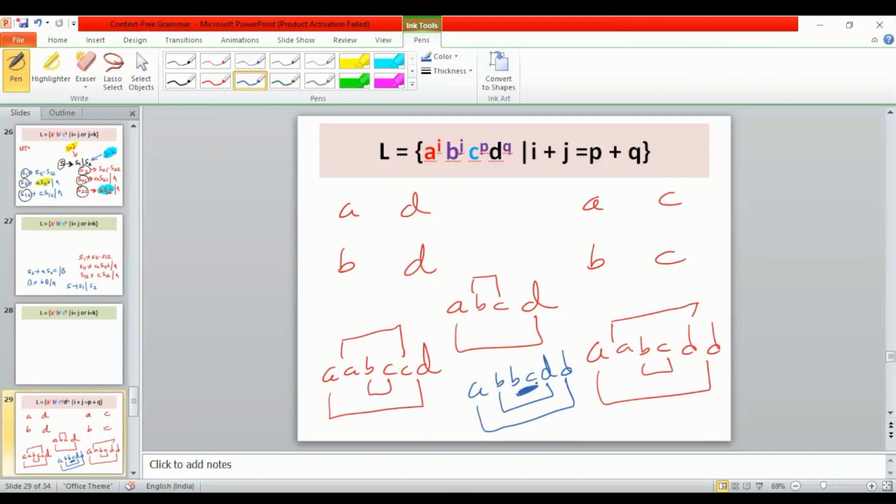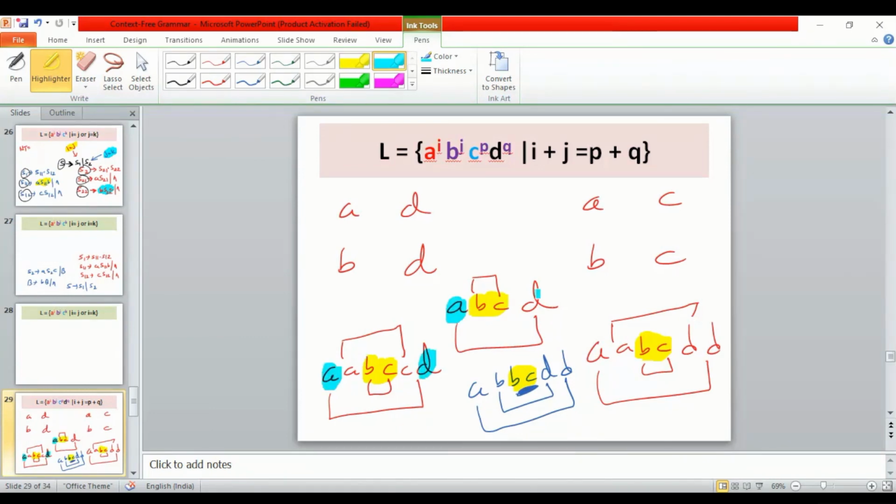So outermost is always A and D, then we have B and C, which is the innermost one always. So innermost level is indicating that we have always B and C. No other combination is possible at the inner level, whatever example you will consider. And outermost level is also fixed.